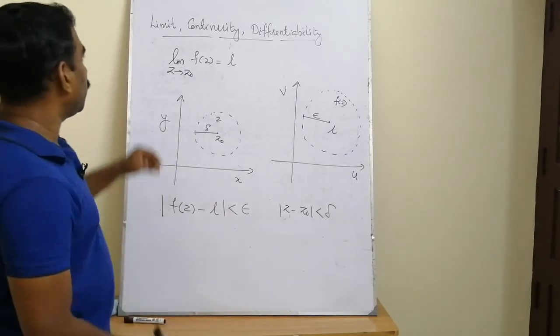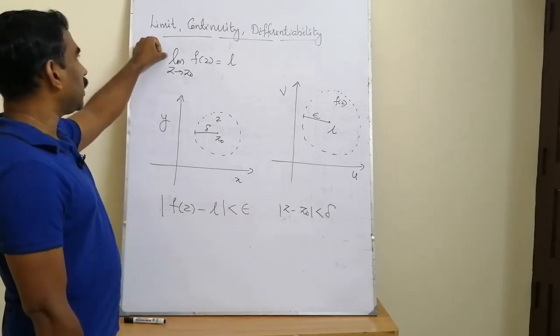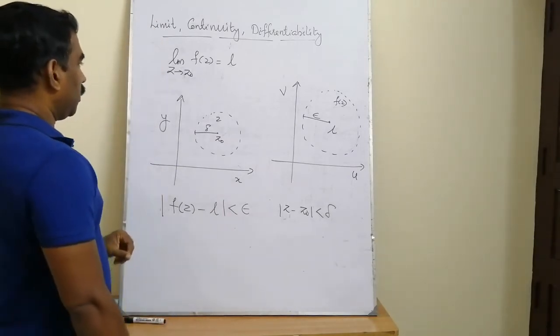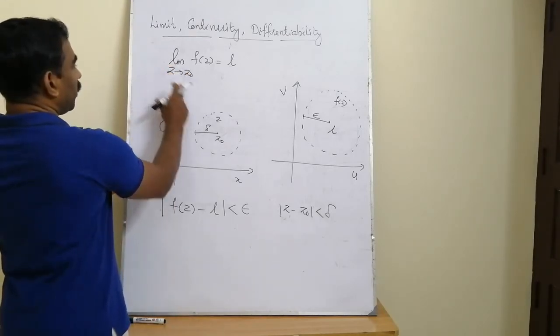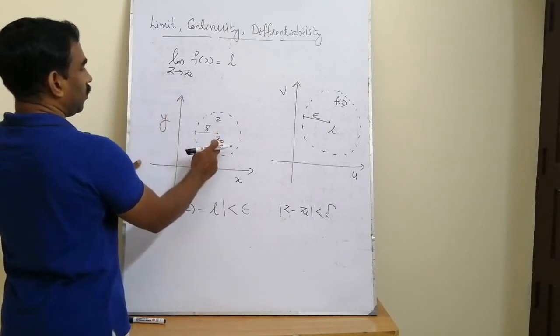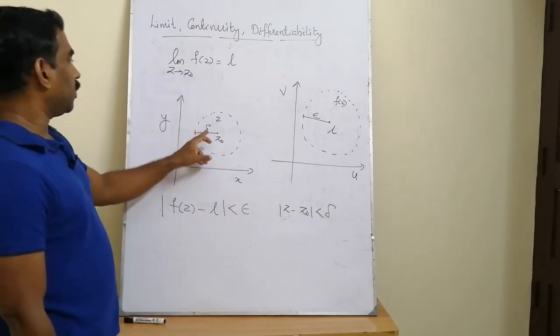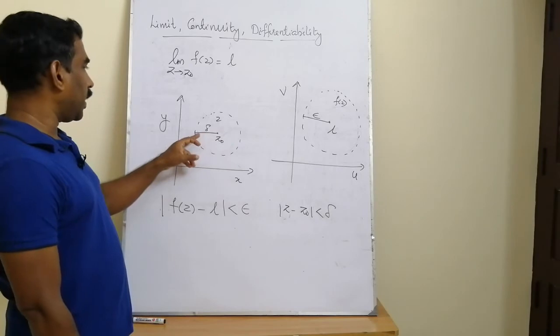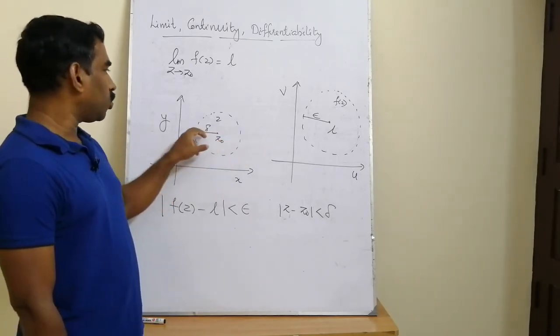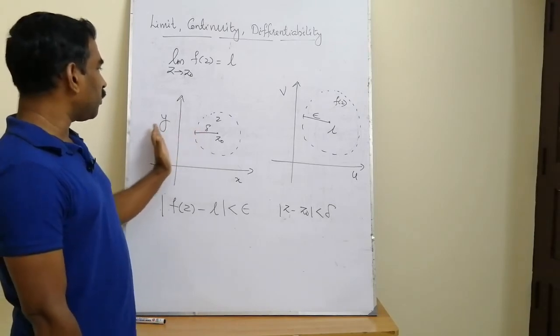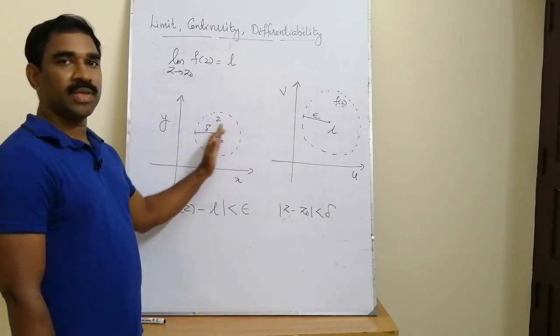Now what is the main difference between the concept in real calculus and complex calculus? Here we are approaching from z to z0. We can approach z0 in any direction, but in real calculus we can approach the fixed number only through two directions, one from the left of the fixed number and another from the right.